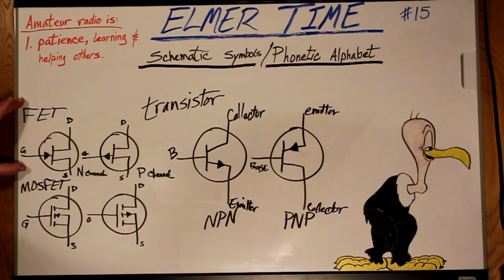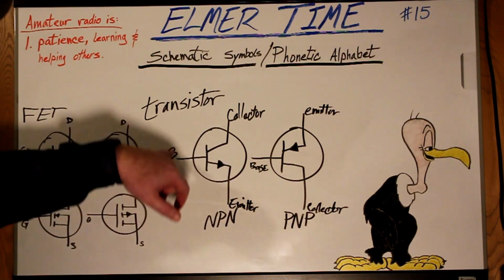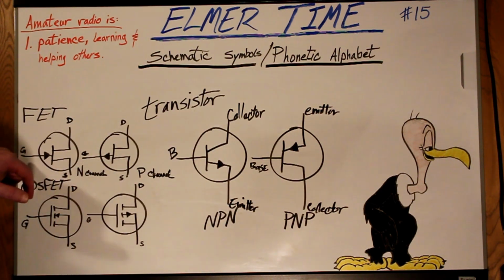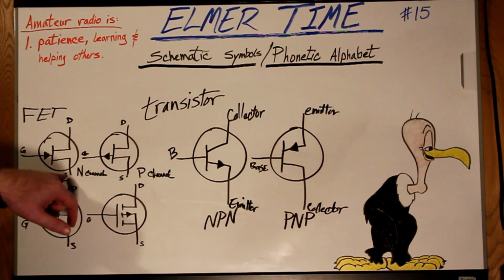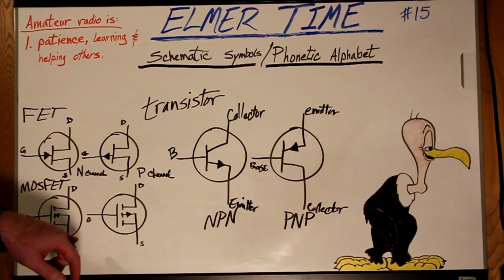You may find a lot of FETs in shortwave radios in the front end of the receivers for the HF receive. And instead of an emitter, base, collector setup, they have what's called a drain, gate, and source. Drain, gate, and source.